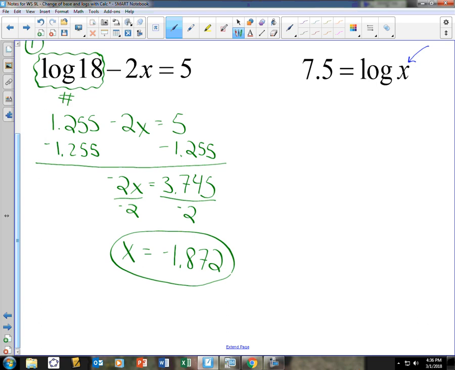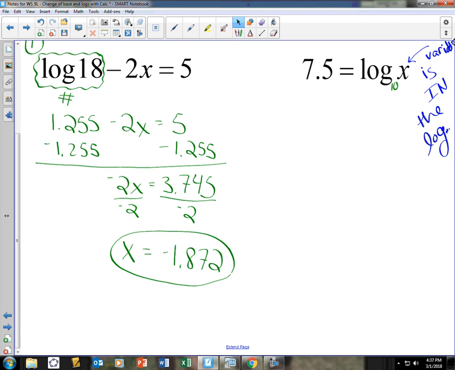The variable is in the log. So if it's in the log, then I'm going to have to rewrite this as an exponent in order to solve it. So this right now is a log of base 10. And so I'm going to take this and rewrite it as an exponent.